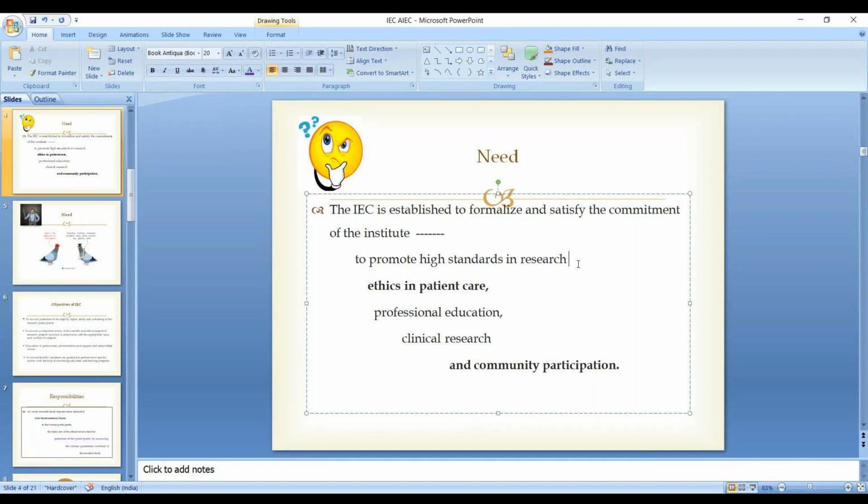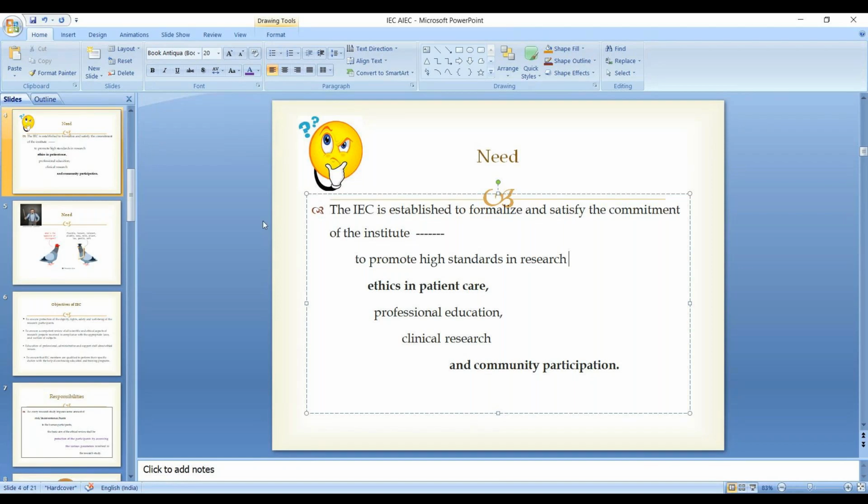Okay, this is one thing कि हर इंस्टीट्यूट को लगता है कि उसका अपना अलग स्टैंडर्ड होना चाहिए, है ना? इसलिए because good researchers will be published in good high quality journals. तो इसके साथ में आपका भी नाम बढ़ेगा और इंस्टीट्यूट का भी नाम बढ़ेगा. So these are the objectives behind promoting high standard research.